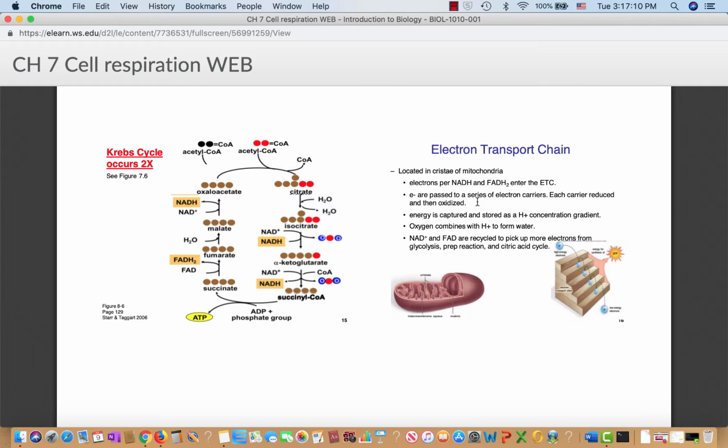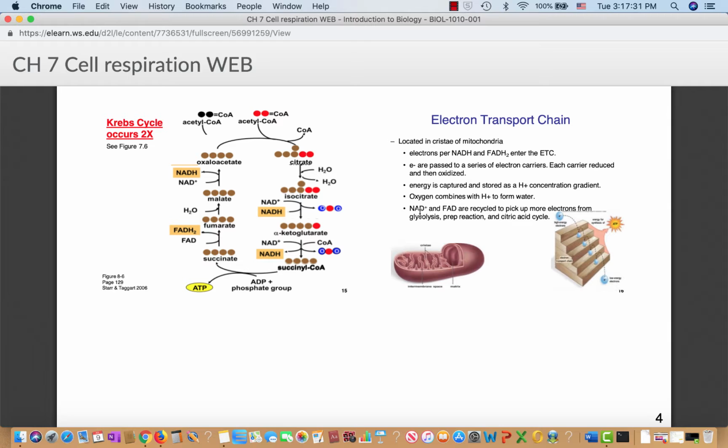They're passed through a series of electron carriers, and each carrier is reduced and then oxidized. You get those redox reactions like we talked about before. The energy is captured and stored as a proton concentration gradient, and then the oxygen combines with hydrogen to form water, and NAD plus and FAD are recycled to pick up more electrons from glycolysis, prep reaction, and citric acid cycle.